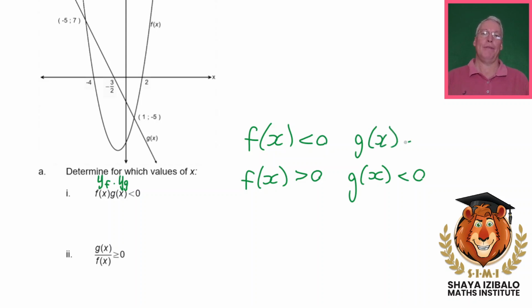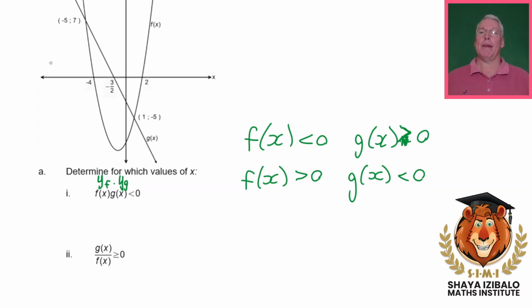Now, what does f of x negative look like? Sorry, a negative product looks like f below and g above, or f above and g below. We need them to be on opposite sides of the axes. So let's have a look.